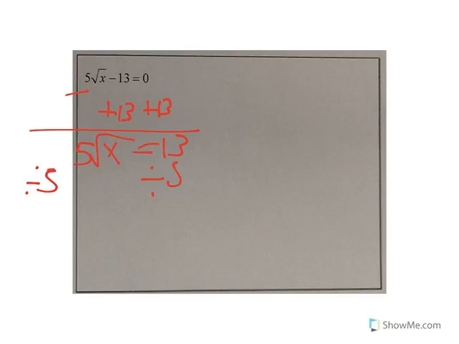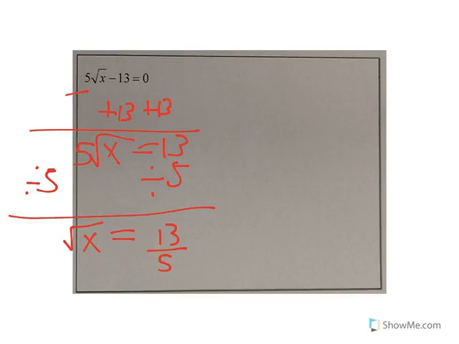So let's look at a couple of other examples. In this case, I first want to add 13 to both sides, just the way I would with any equation, trying to isolate the variable, so it's equal to 13. Now I'm going to divide both sides by 5. When I do that, I end up with square root of x is equal to 13 divided by 5.